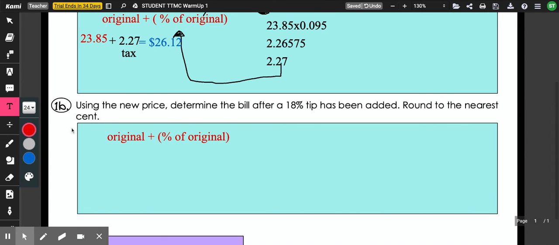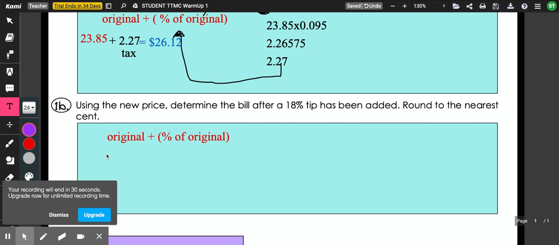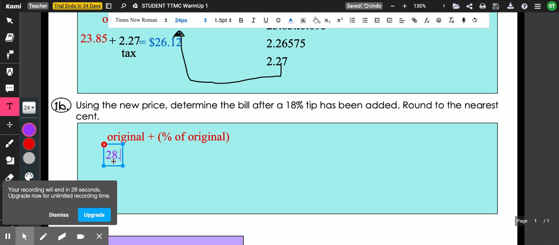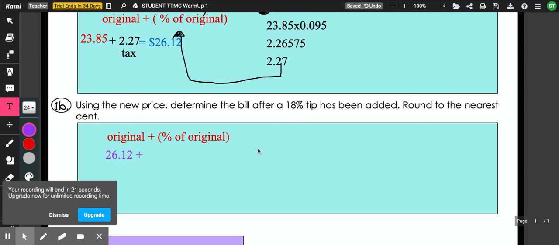So my new original amount is $26.12 plus the percent of the original, which is 18% of $26.12. So again, I'm going to be changing 18% to a decimal, which is going to give me 0.18 times 26.12.